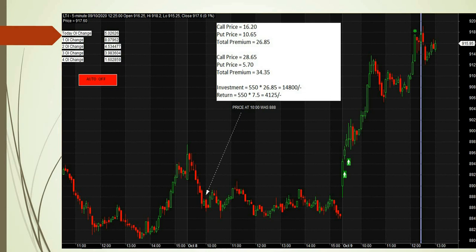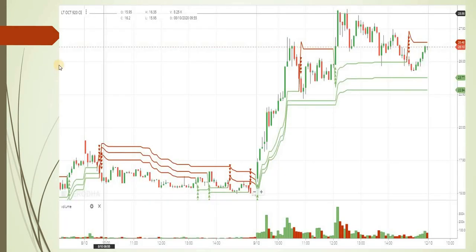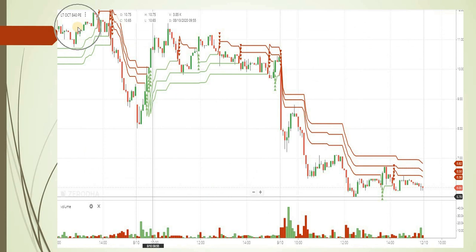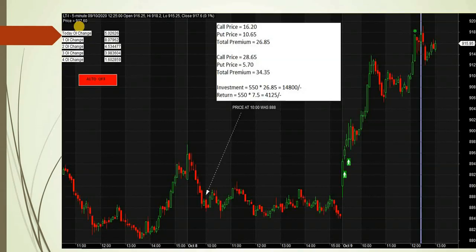So what I did here is, let's say we bought a call of 920 and we bought a put of 840, which is nearly in a range of 40 points of 888.